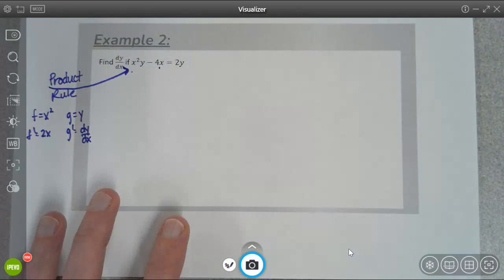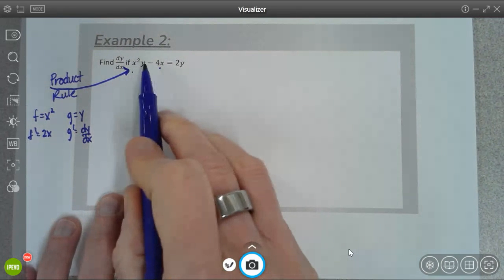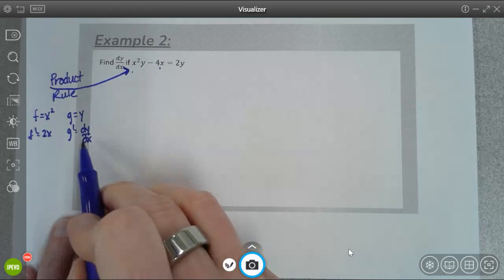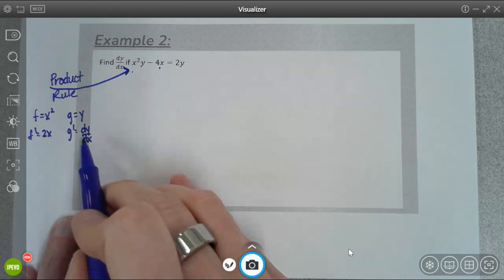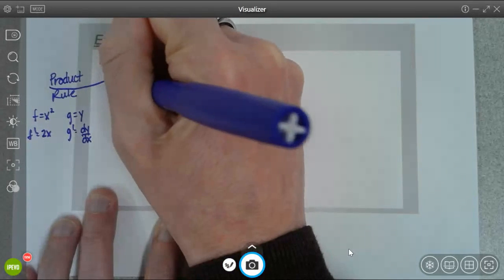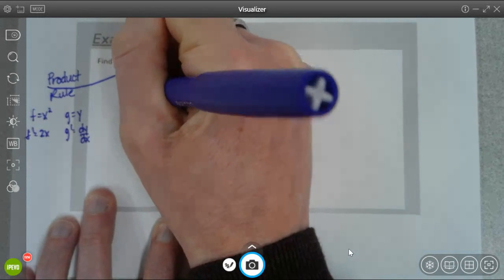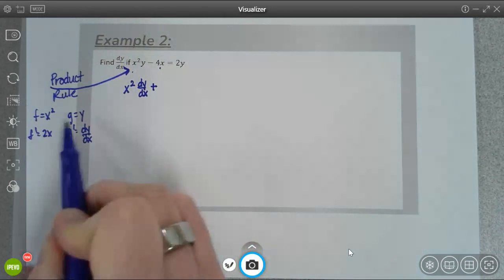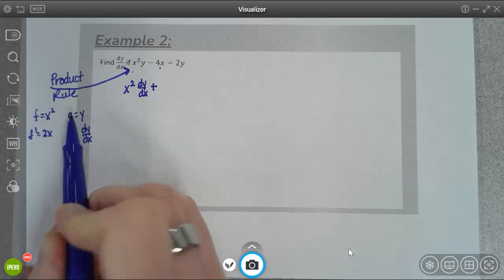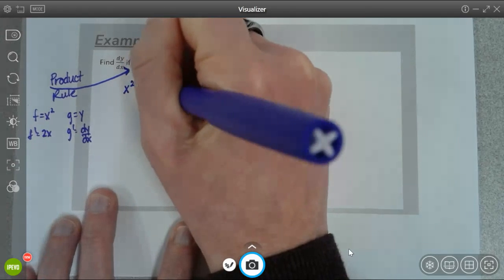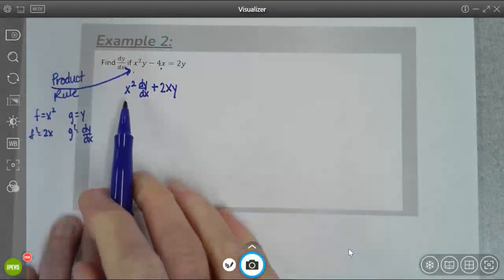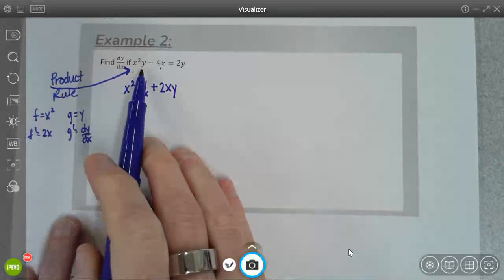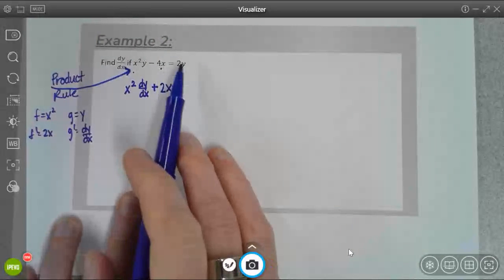And then as I go and build the product rule on this, we do f g prime. So I would get x squared dy/dx plus f prime g, so 2xy. And so there's my product rule for the first term. And now I'm just going to continue differentiating each piece.